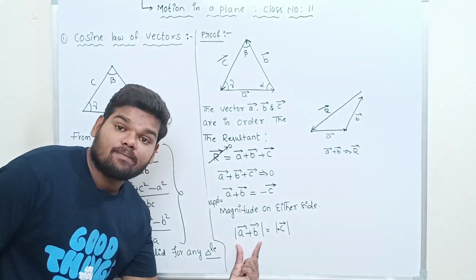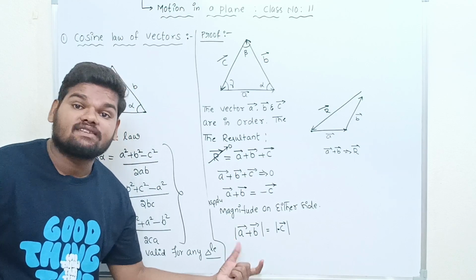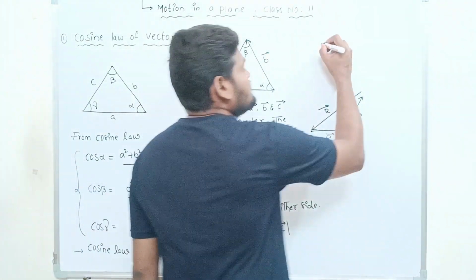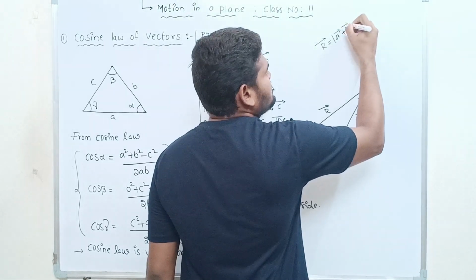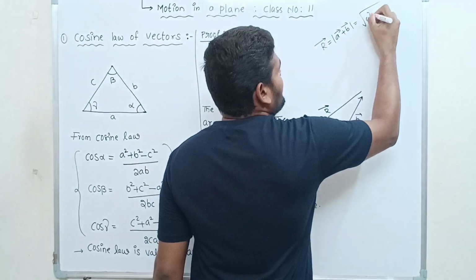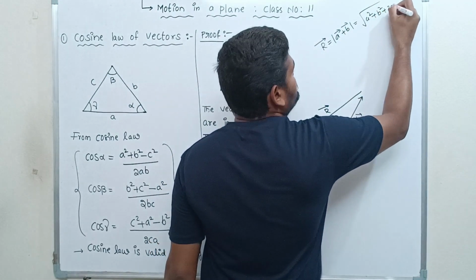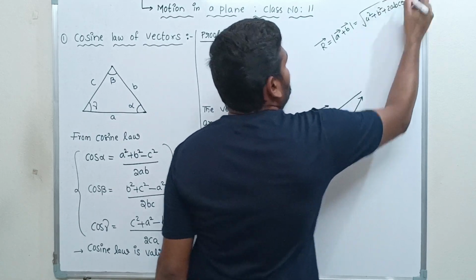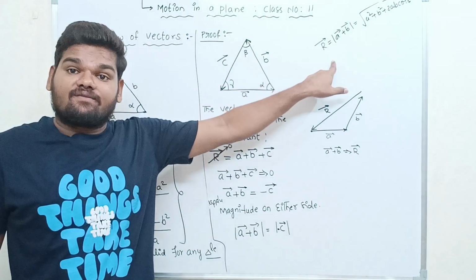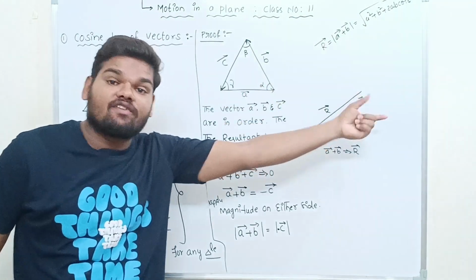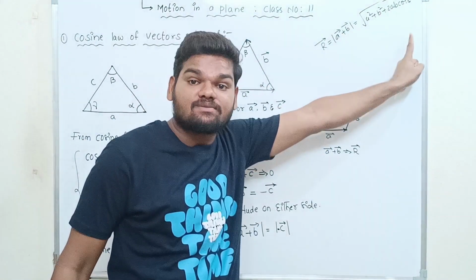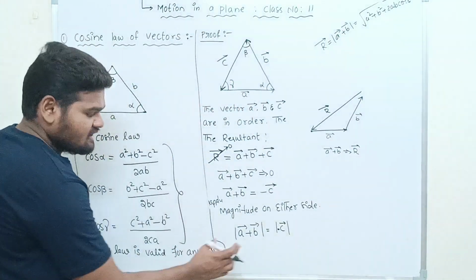Have a look, the magnitude of A bar plus B bar. So the resultant of two vectors R bar is equal to the magnitude of A bar plus B bar, which we can write as under root of A square plus B square plus 2AB cos theta. In the parallelogram law, we have discussed the addition of two vectors. The resultant of addition of two vectors is given by under root of A square plus B square plus 2AB cos theta. Same thing.